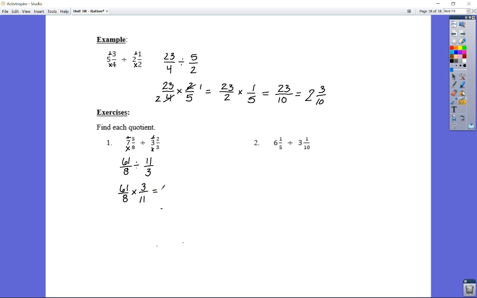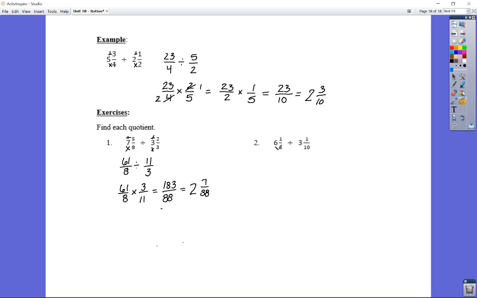If we multiply across the top, 61 times 3 is 183. And when we multiply across the bottom, 8 times 11 is 88. 88 goes into 183 two whole times, with 7 remaining.